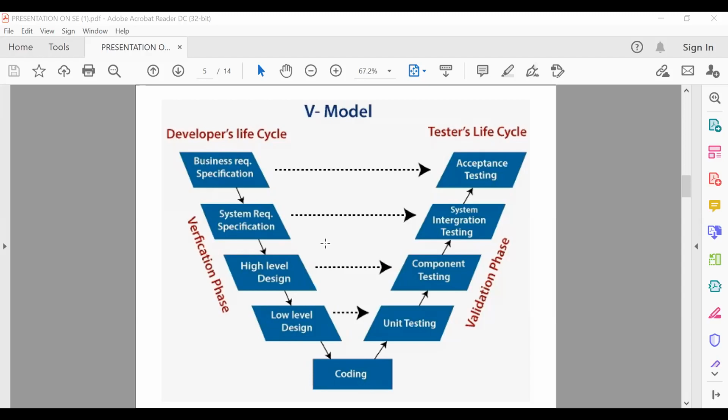Okay, thank you, Bhargav. Saidur, my question to you is, what is the difference between the waterfall model and the V model? In the waterfall model, the testing is done at the end, after the coding.